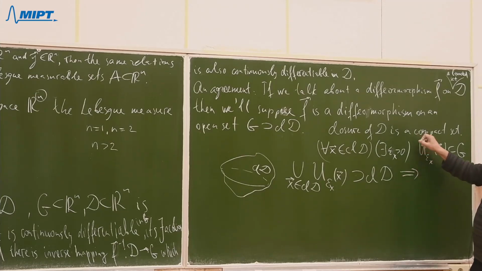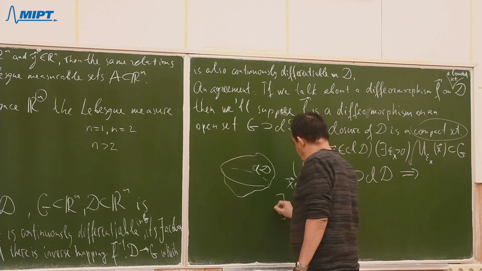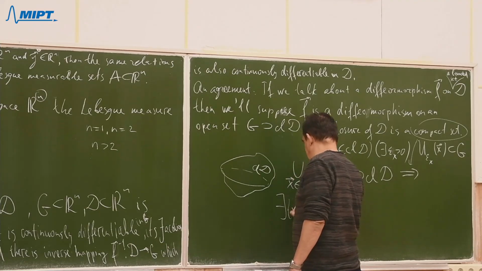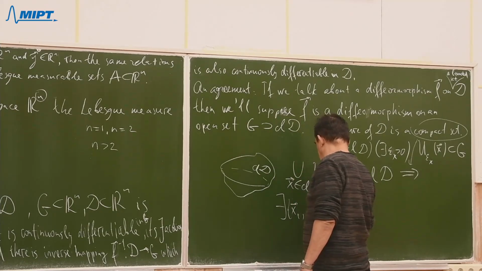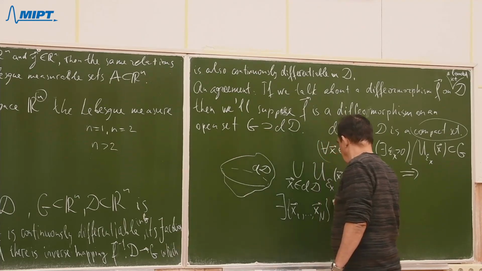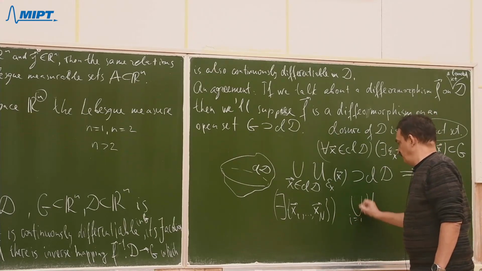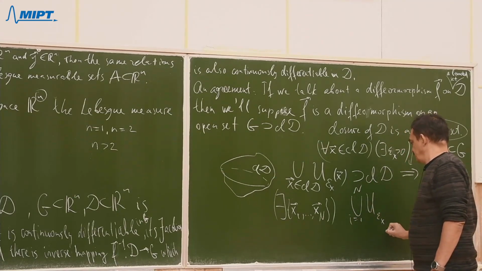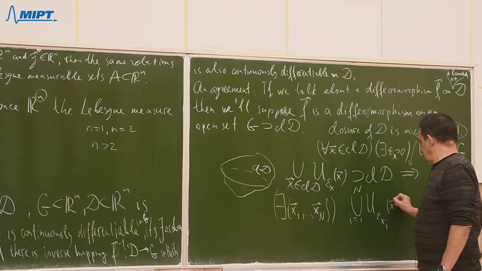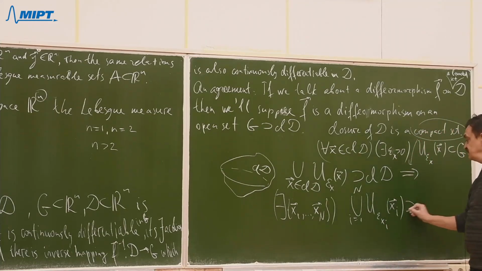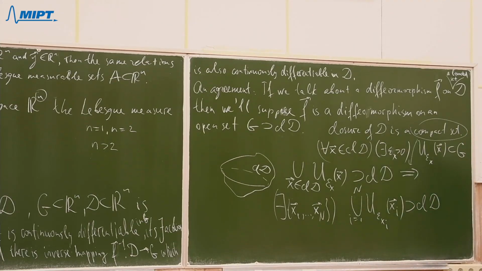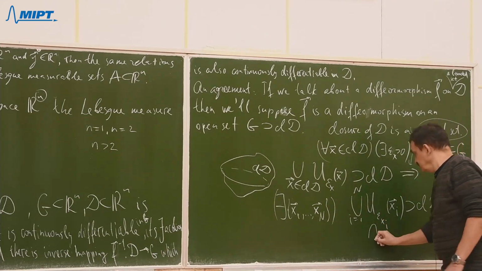By the definition of compactness, we can find a finite subcovering. So there exist finitely many points x1, and so on, xN, such that the union over i from 1 up to N of the neighborhoods of xi still covers our D. And simultaneously, each of them is in G, right?